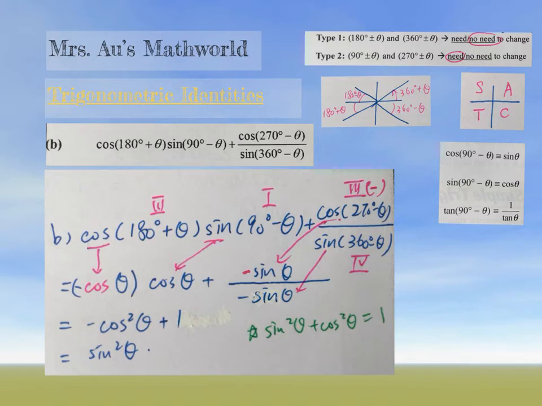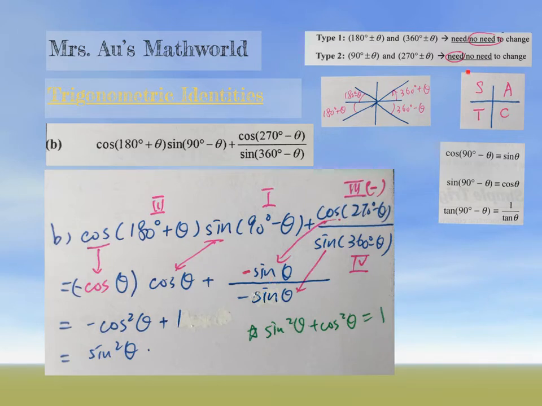For type 1, that means cosine 180 degrees plus theta and sine 360 degrees minus theta, they have no need to change the ratio. And then we check the sign one by one by using the CAST.